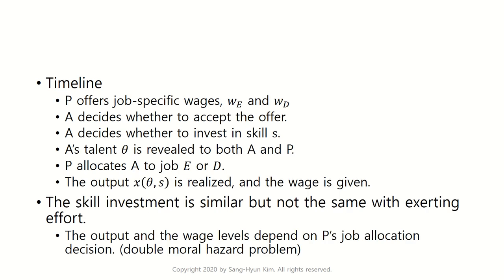And now the timeline looks like this. In the first stage, the principal offers job-specific wages, WE and WD. So WE and WD are determined in the first stage, and we'll just take them as given in the later stages. So the agent decides whether to accept the offer or not, and then decides whether to invest in skill S, and then the agent's talent theta is revealed to both the agent and the principal, which means in previous stages the talent theta is not observed.